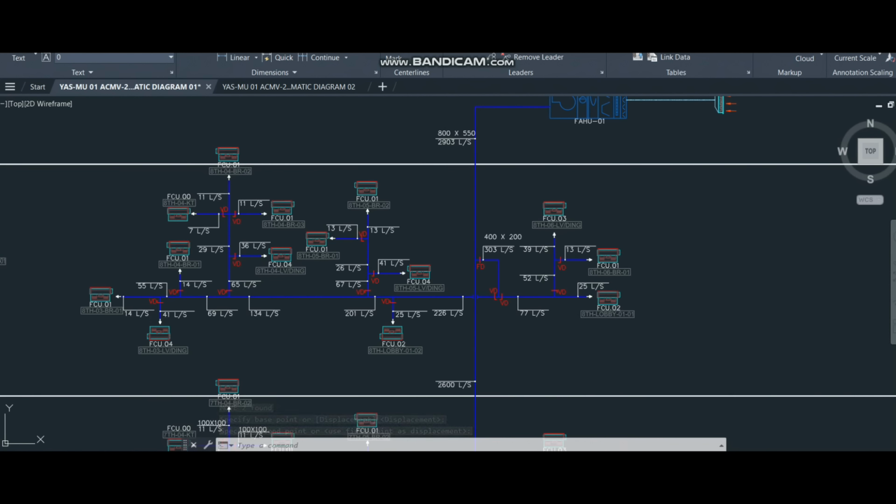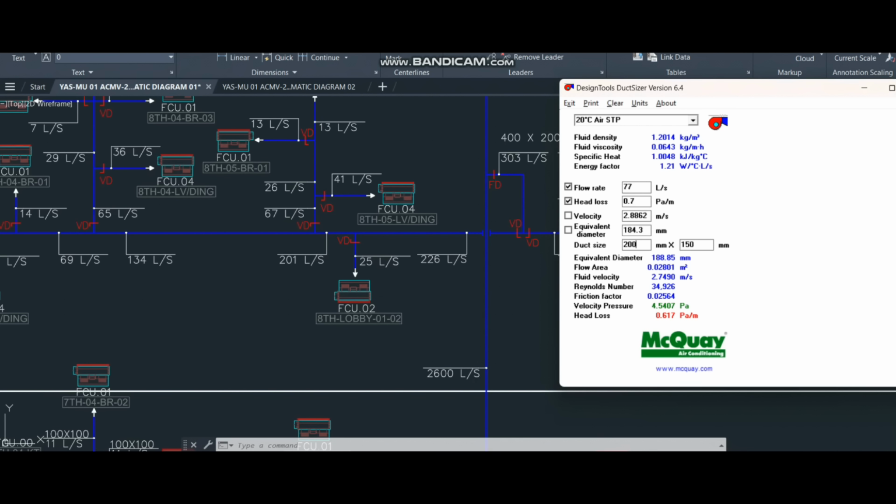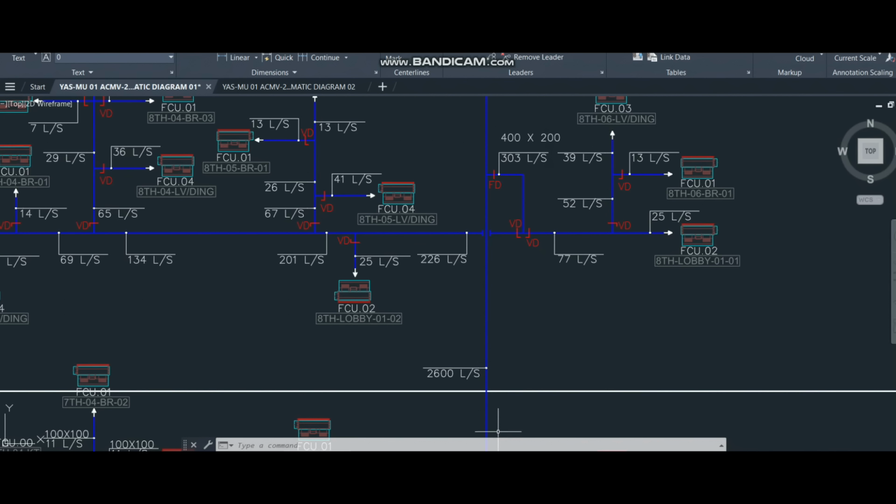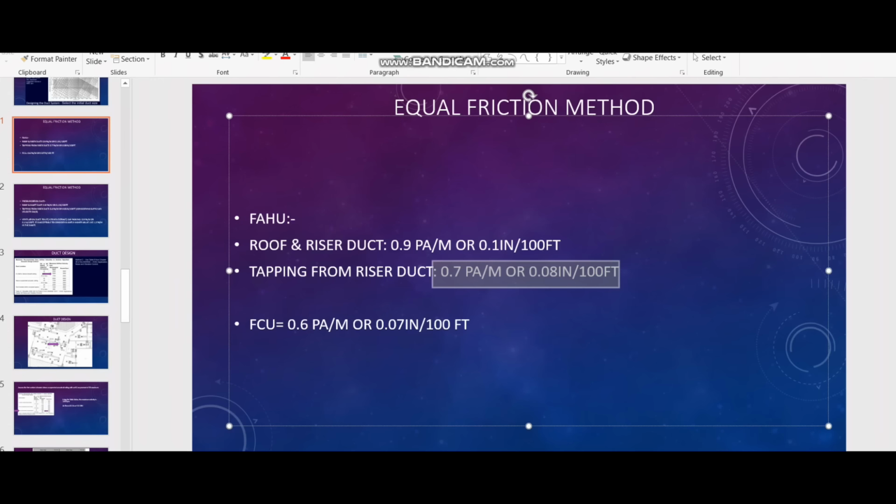So this is how you have to do the duct design for the FAHU soft riser, roof duct, and also the inside tapping point. I'll show you one more thing also, 2600. As I told you, this is the riser point, this is not the branch into the room. So that's why I told you I'm going to follow the first one, 0.9 Pascal.